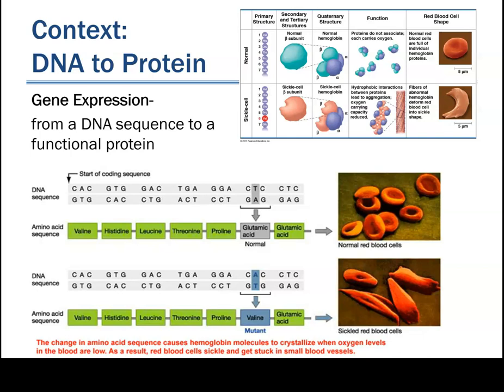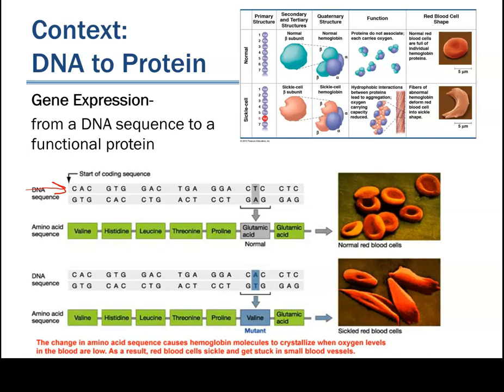In this image here, we have a DNA sequence, and that sequence is read by a molecule that is a protein and used as a coding sequence to string together protein monomers. So the function of our DNA is to basically be the blueprints or the directions for producing proteins. Now this process is called gene expression.